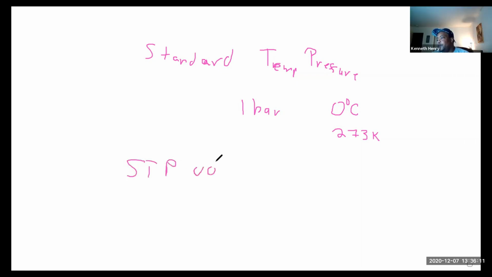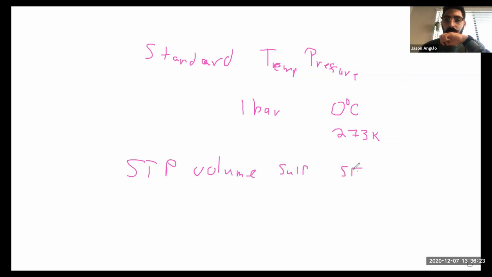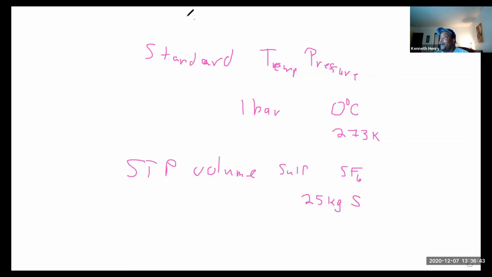So SF6, when you have 25 kilograms of sulfur. The equation is S as a liquid plus 3F2 as a gas gives you SF6 as a gas.